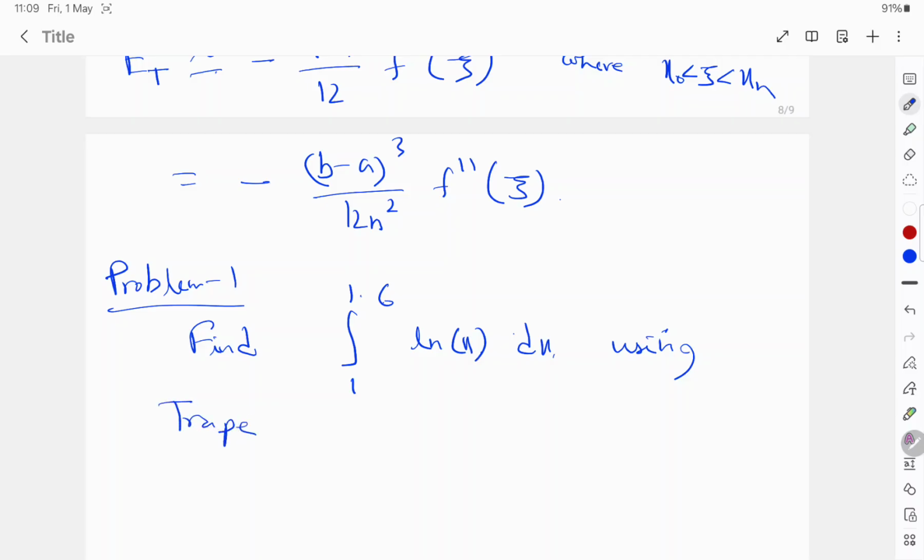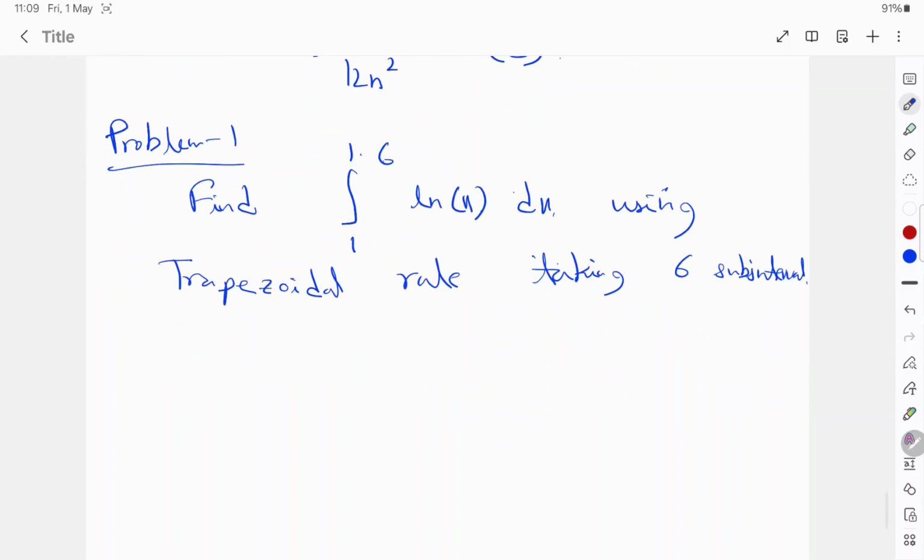Remember, the normal trapezoidal rule we will not use, that is very basic. Whenever they refer to trapezoidal, it is mainly composite trapezoidal. Trapezoidal rule taking 6 sub intervals.